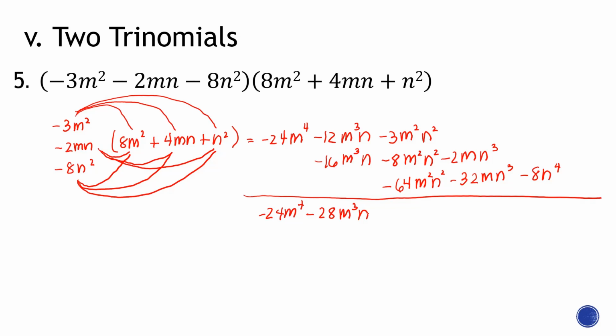That's negative 11 and negative 75. Right? Negative 75 m squared n squared. Negative 2 and negative 32 is negative 34. Again, they have the same signs, so we will combine them. And negative 8n raised to 4.